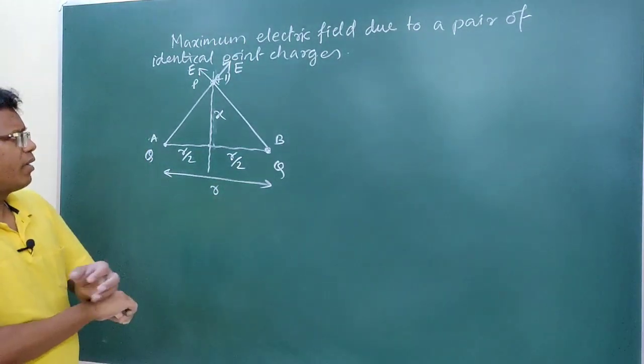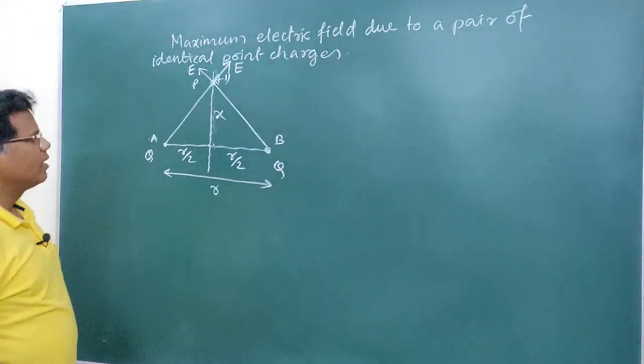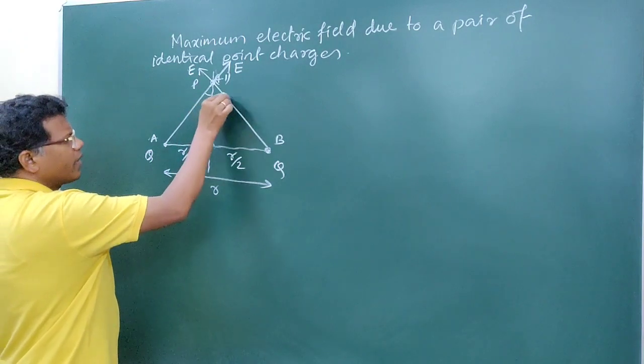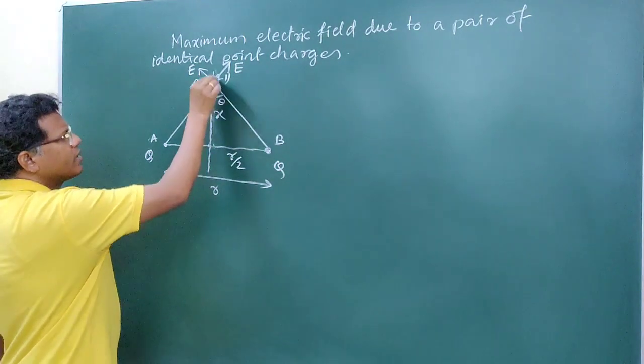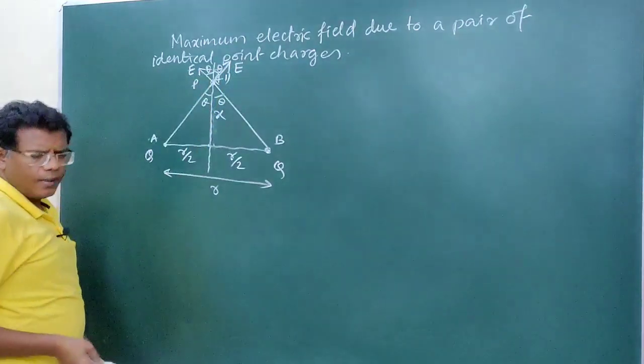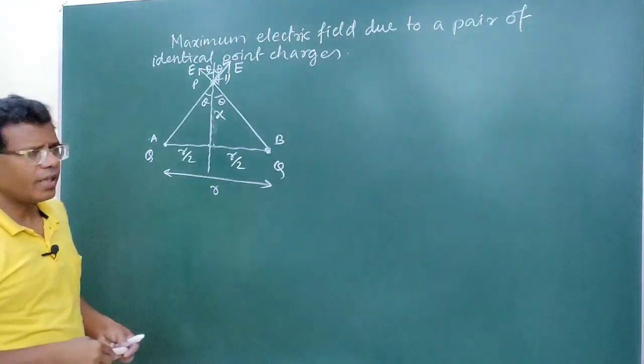Let them be identified as E each. Geometrically, if I take these two angles as theta each, then obviously these angles are also theta, right?